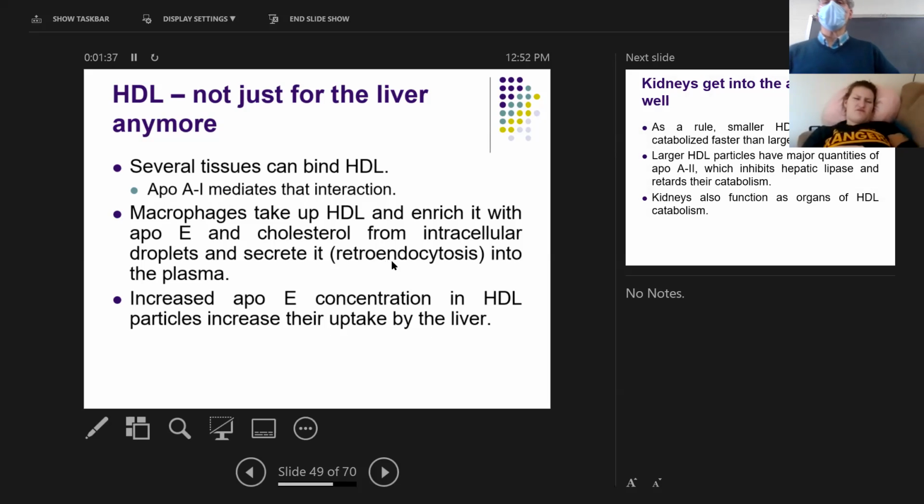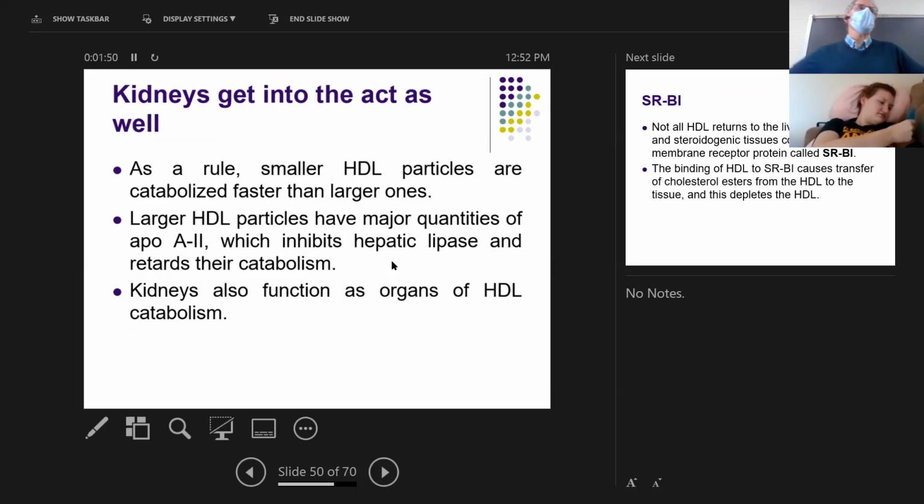And then it can interact with several other tissues, not just the liver, because there's some tissues that need greater amounts of cholesterol, and they can actually get it from HDL. So for example, kidneys. Kidneys can actually take up HDL. They will metabolize smaller HDL particles.